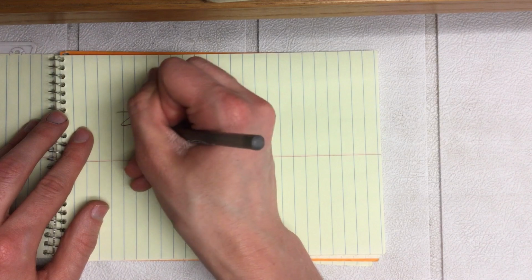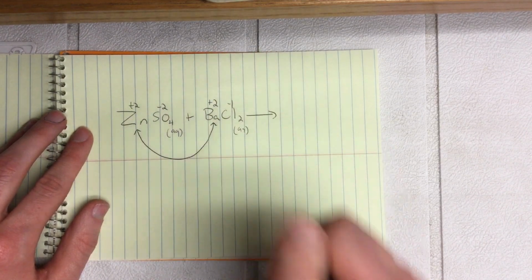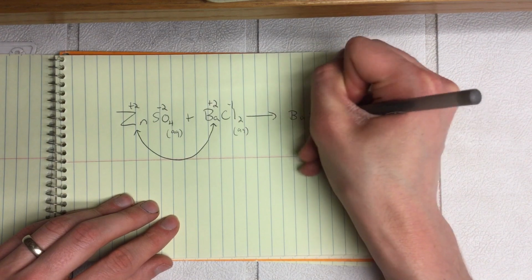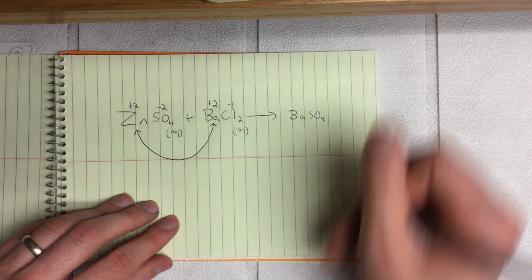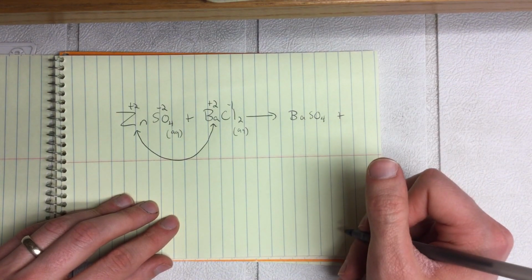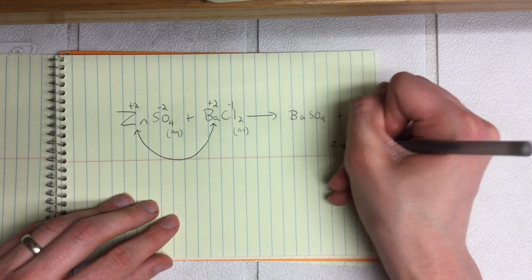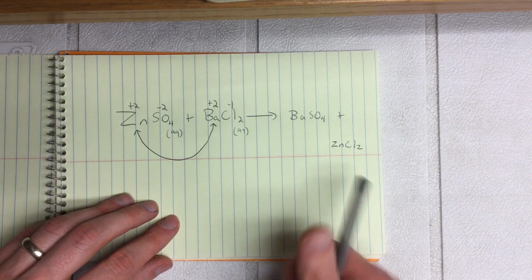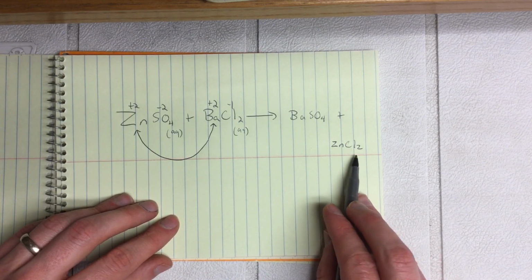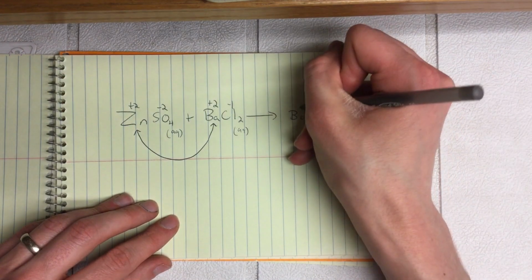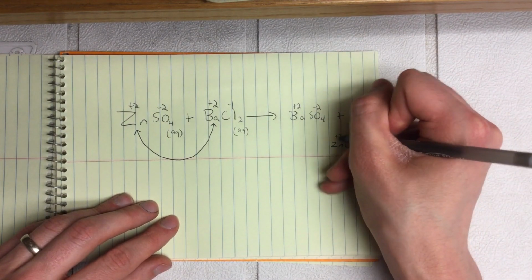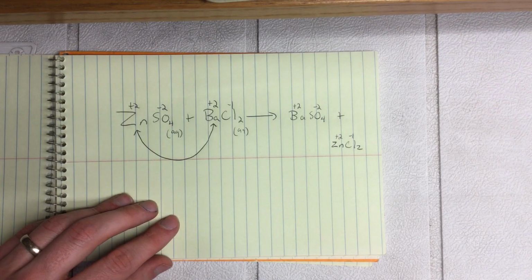You flip-flop your positively charged ions. So now I have BaSO4 plus ZnCl2. We can write ZnCl2 because when you go back and look at your charges, you have +2, -2, and +2, -1.